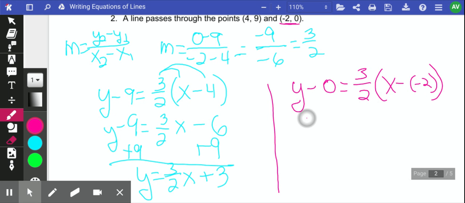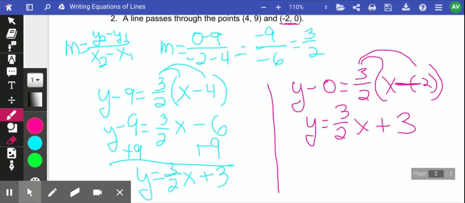So I'll get y minus 0 is just y. Then I'll have 3/2 x. Now this is going to become a plus, right? So that's positive. So this is going to be plus 3/2 times 2. Well, 3 times 2 is 6. 6 divided by 2 is 3. And that's my answer.